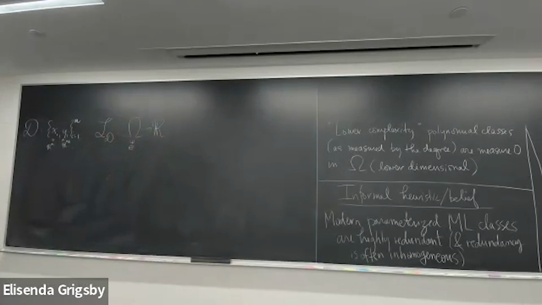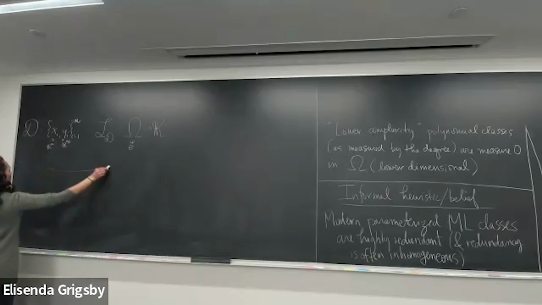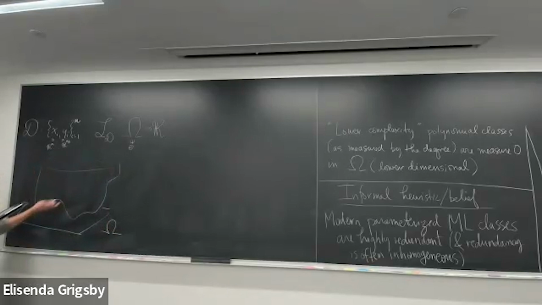So if it's a regression task, then this loss function will be like the mean squared error: the average of the squared differences between the prediction given by theta and the label given by y. And so now you can draw the graph of this function over omega. And what you're really looking for is minima of this empirical loss.